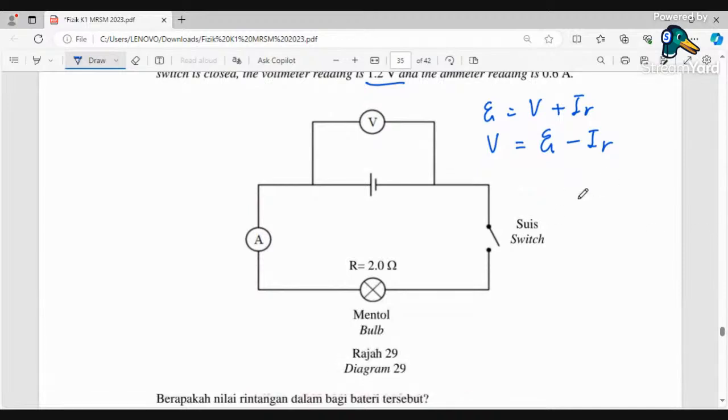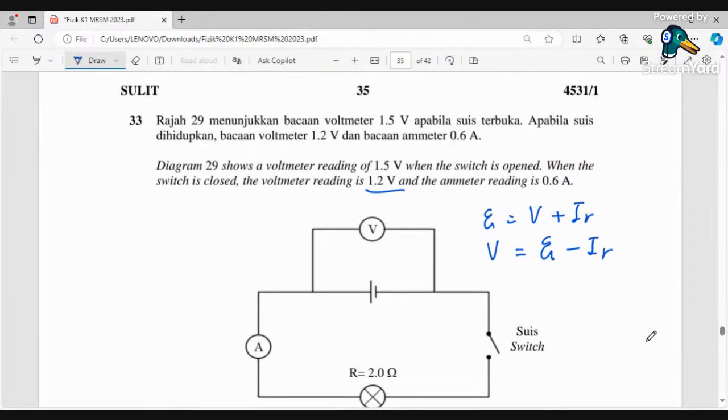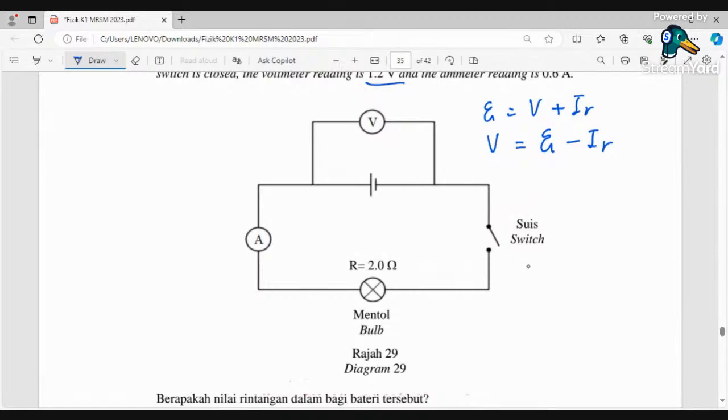So we just use this formula straight away. 1.5 ialah EMF. Sorry, when the switch is open, V ialah 1.5 sini. Okay, maksudnya open, no current flow in external circuit, reading of the voltmeter equals to EMF.